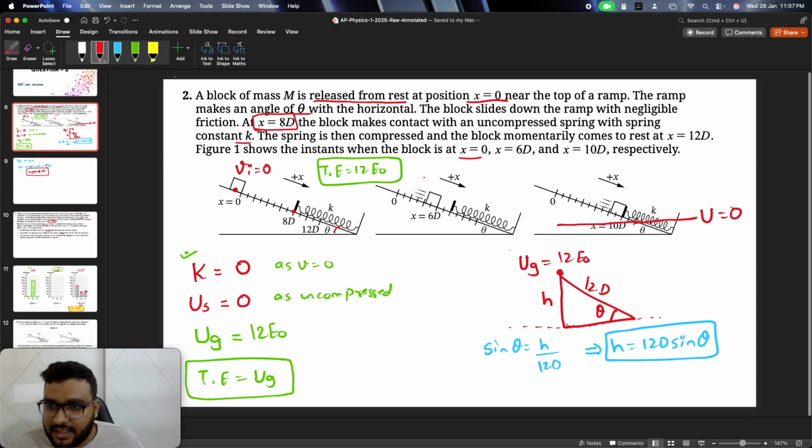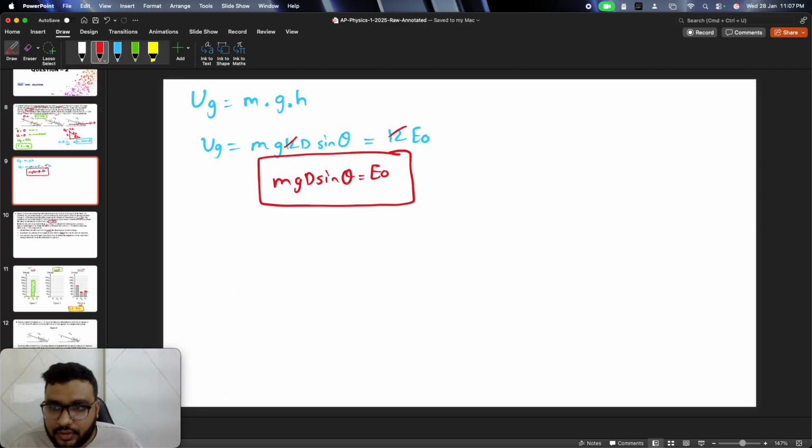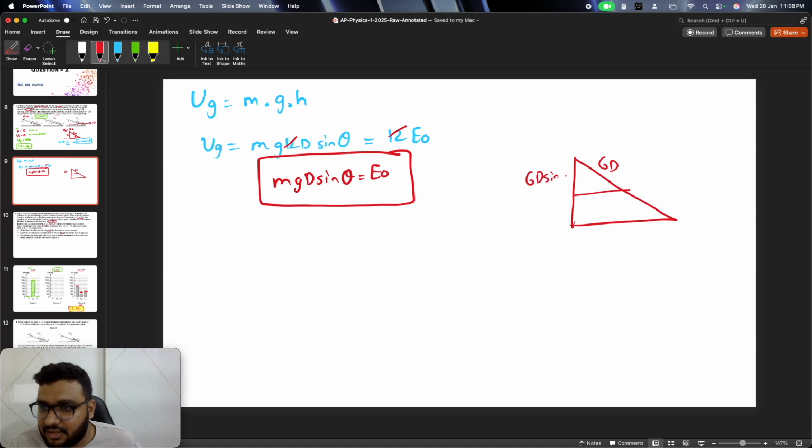Here it is at a distance of 6d, so total is 12. This is at a distance of 6d, so this should be 6d sine theta. Total energy is 12 E naught, so this should be half of it.